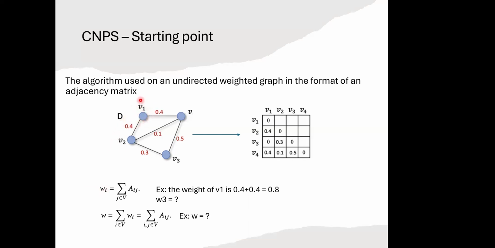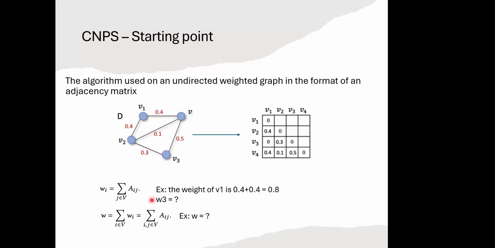Right now, let's say vertex 1, we want to know what is its weight. So its weight is simply the sum of all its column, all the edges going from V1. So in this case, it's 0.4 plus 0.4, which is equal to 0.8.